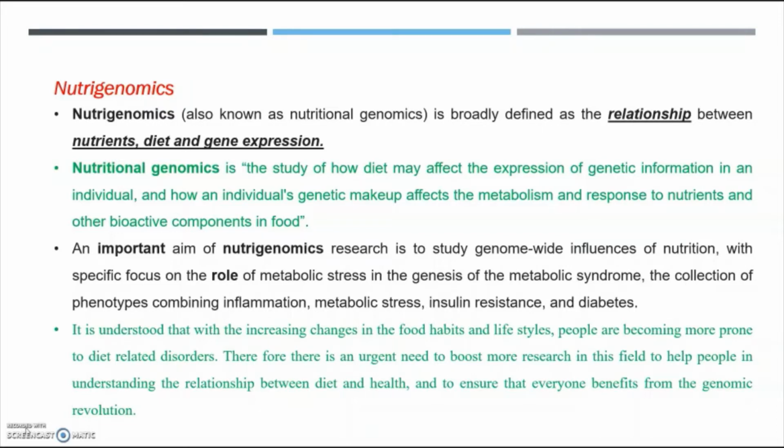It is the study of how diet may affect the expression of genetic information in an individual, and how an individual's genetic makeup affects the metabolism and response to nutrients and other bioactive components in food.